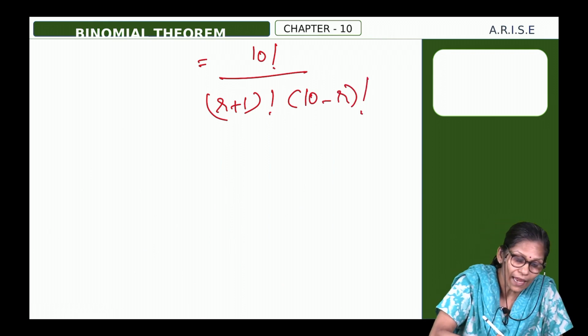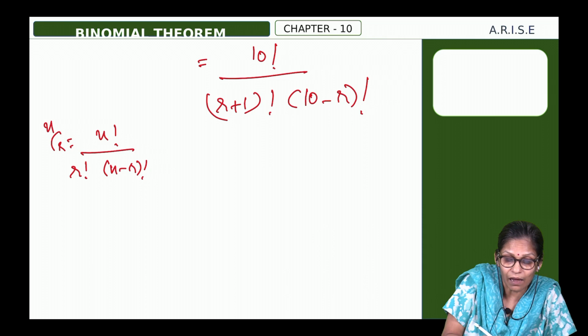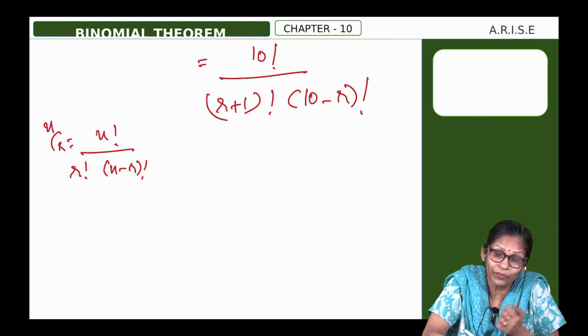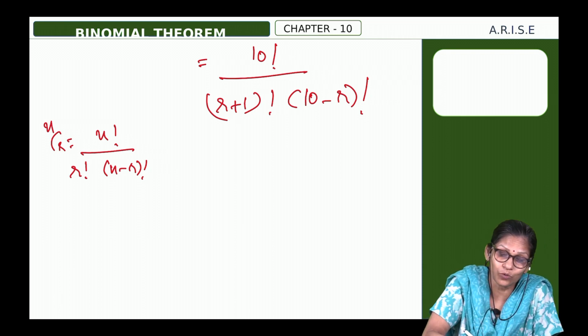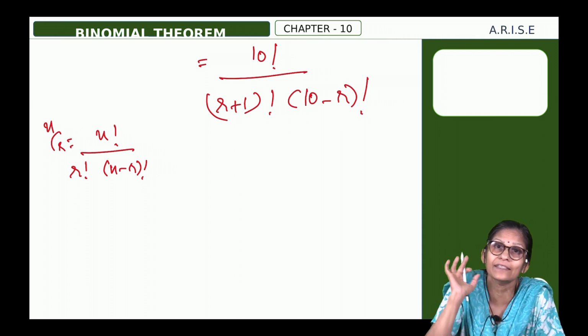In NCR, what do you observe? N factorial by r factorial into n minus r factorial, right? The sum of these two, isn't that the n in the numerator? Same way, what is the sum of these two here? Which is 11 factorial. If I can introduce 11 factorial in the numerator, that will be in an NCR form.